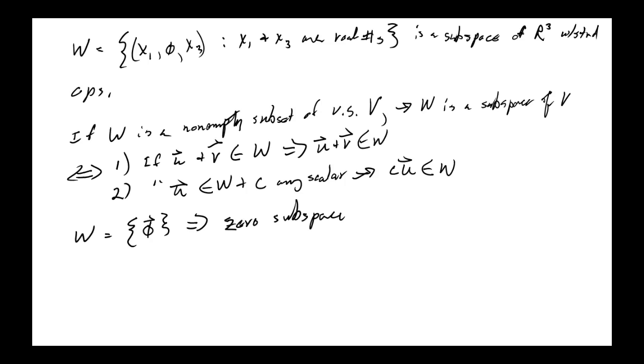That almost looks like the closure principle, which was like number 1 and number 2. But if that's met, and if U is an element of W, and C is any scalar that you happen to choose, then CU is also in W. If that condition is also met, then W is a subspace, not just a subset, but a subspace itself.